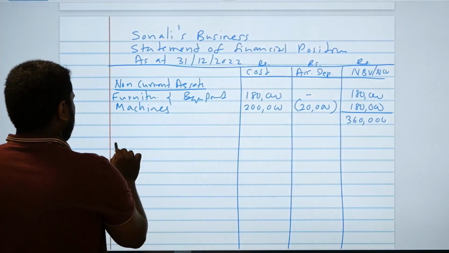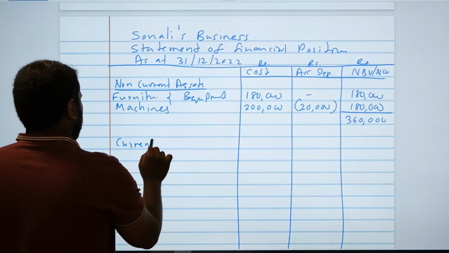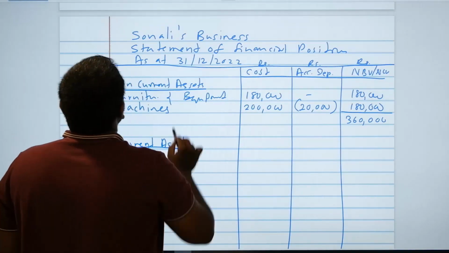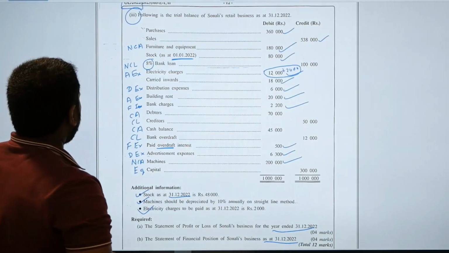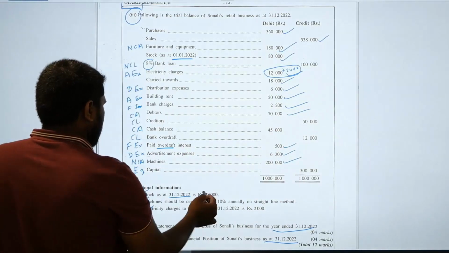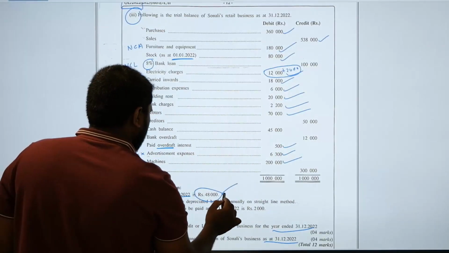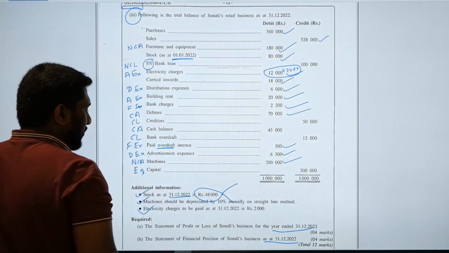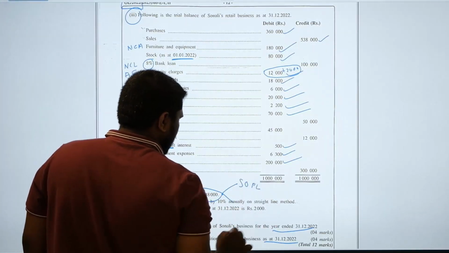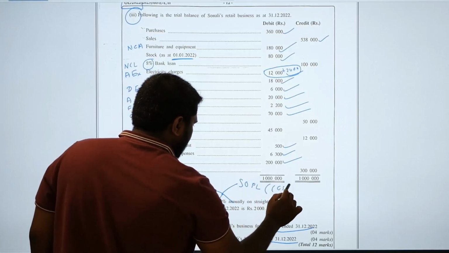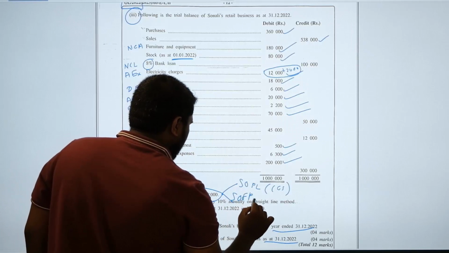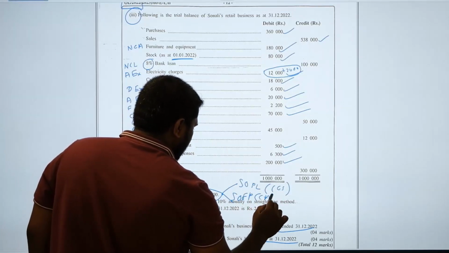Then we have to take the current assets. What are the current assets that we have? Debtors 70,000, and stock. When you write the stock, always write down like this. Stock, you will have to write it in two places. One is statement of profit or loss under the cost of sales, and in your balance sheet, statement of financial position under the current assets.